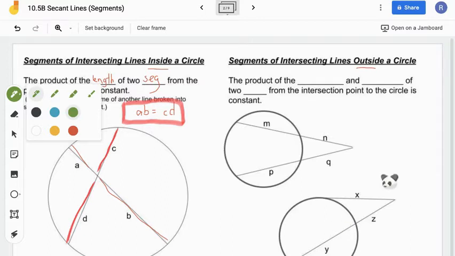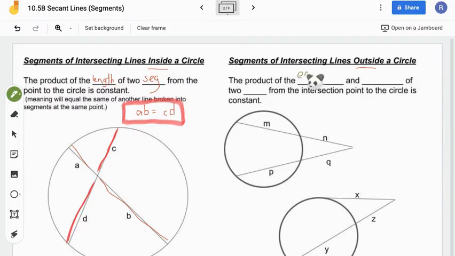And now we need to keep in mind that the product of the entire length of that segment and the outside length, so just the piece of it outside of the circle, of two segments from the intersection point to the circle is consistent.